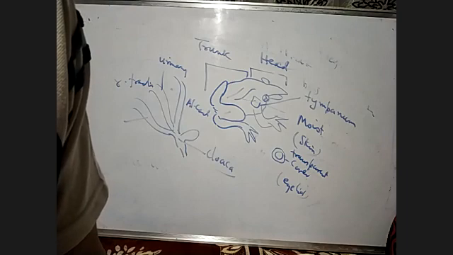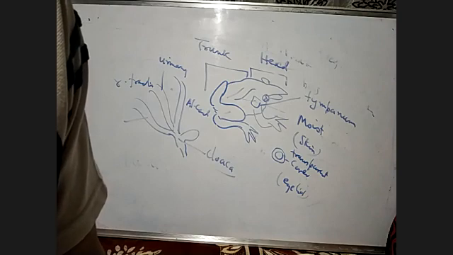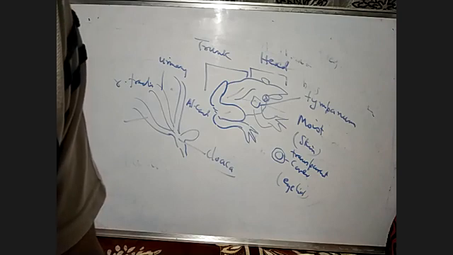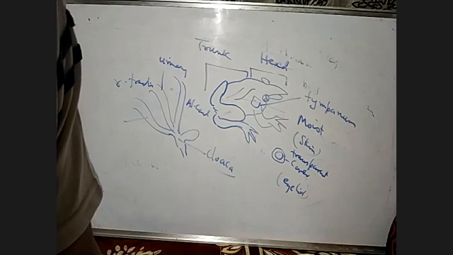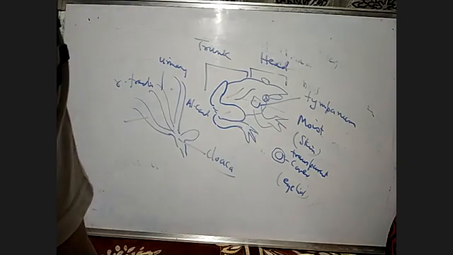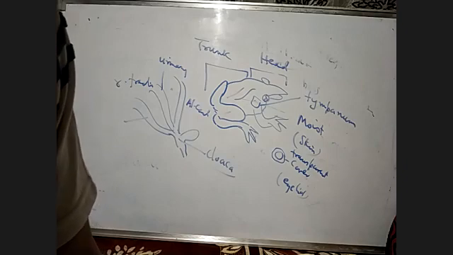Gill slits are there. Then slowly metamorphosis takes place, and the larva changes into an adult, and the adult jumps out from the water onto the land. When it comes on the land as an adult, the respiratory structure is the lungs.